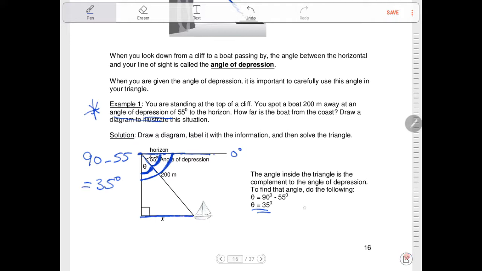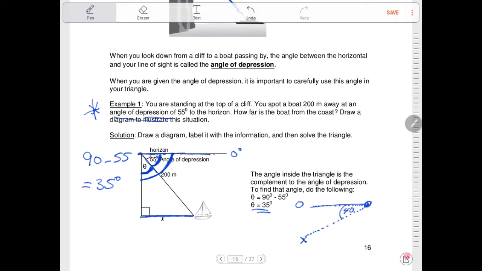So again, if I put someone, let's say they're standing here, and they're looking this way, so we know that's horizontal, that's 0 degrees, and they're looking at an object right here, okay? They look down like this. So you now know the angle of depression is the angle between the horizontal and the line of sight. Let's just say, I don't know, that's 40 degrees.